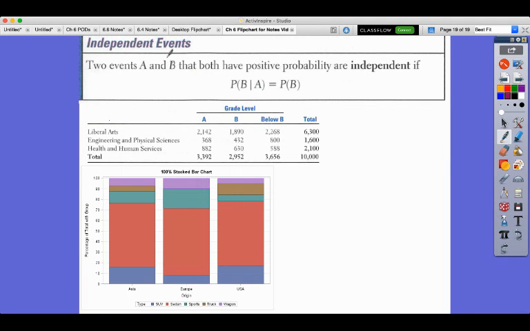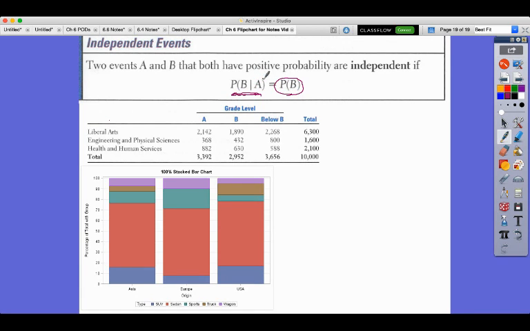Independent events. We've talked a lot about these, but now that we have this concept of a conditional probability, we can define independent events a little bit better, okay? The probability of B given A is the same as the probability of B. What we're saying is A and B are independent if this is the case, because we're saying B has a probability of happening.